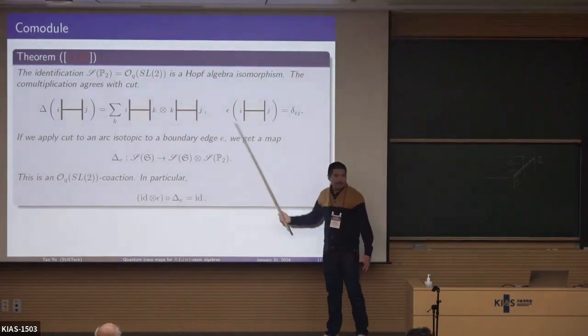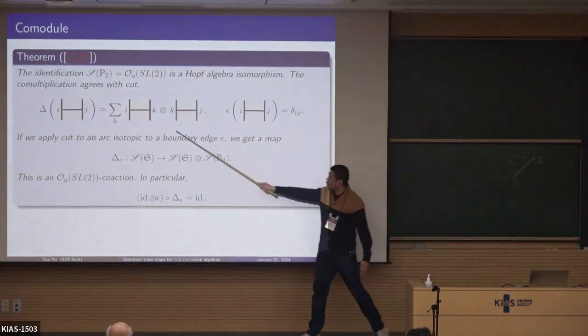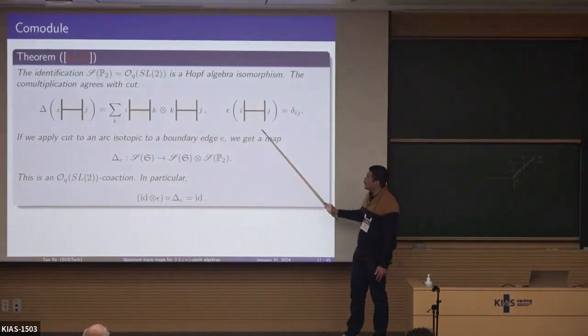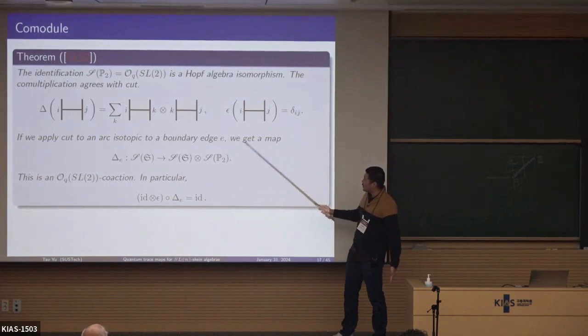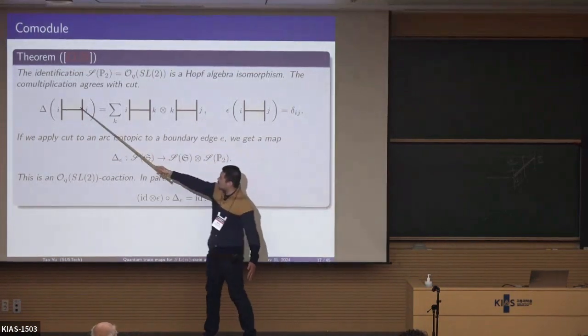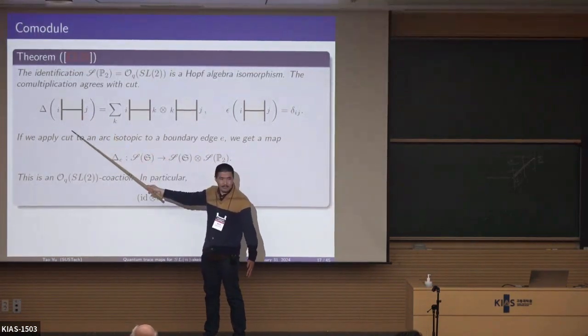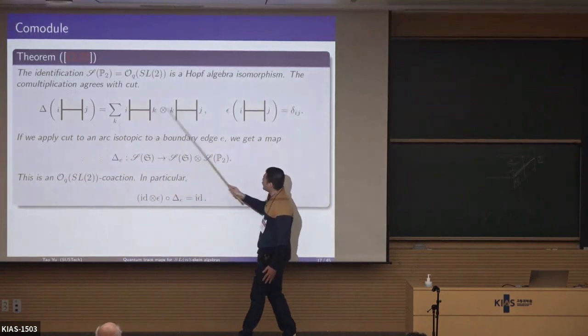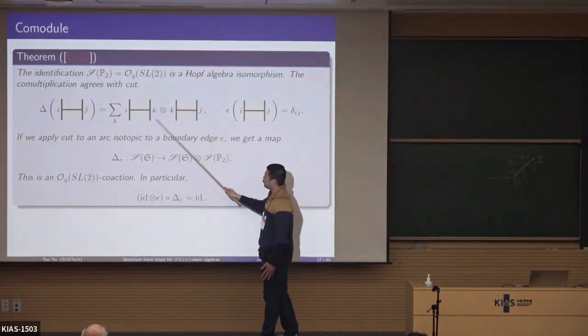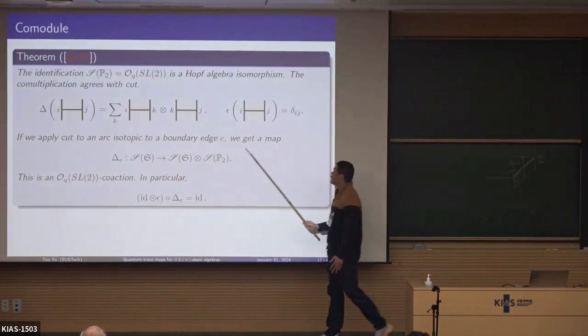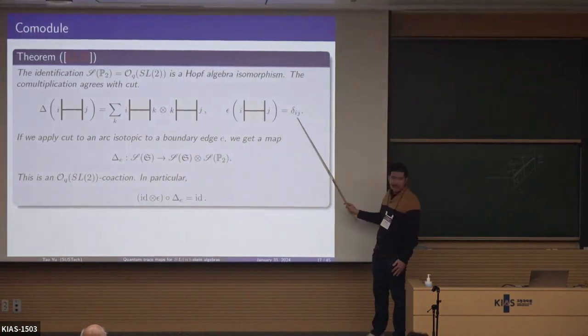But in particular, I want to point out just these two parts, the co-multiplication and the co-unit, which are very easy to understand geometrically. The co-multiplication is just the cutting map in the middle. So you have I and J here, K in the middle is the sum over states of the cutting. And the co-unit is just the identity matrix.